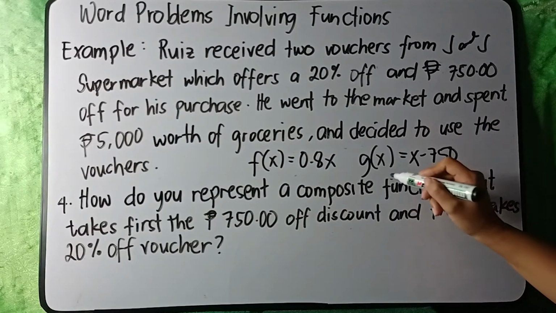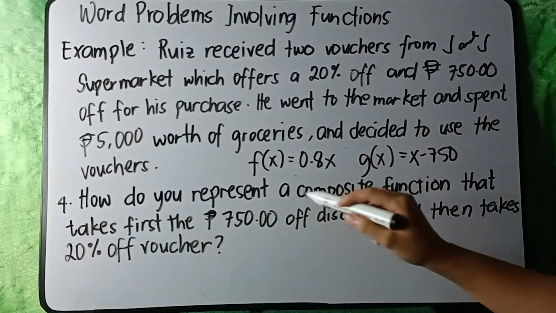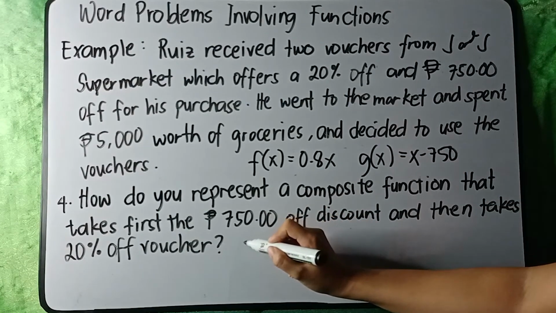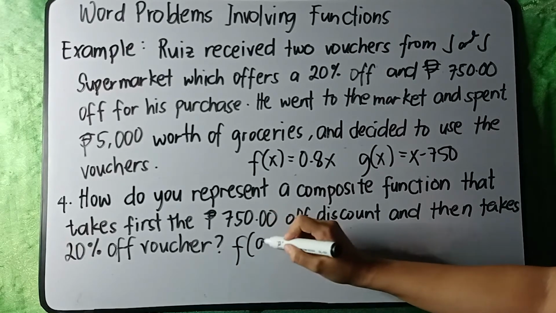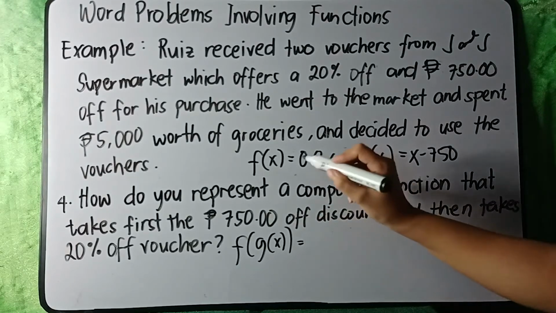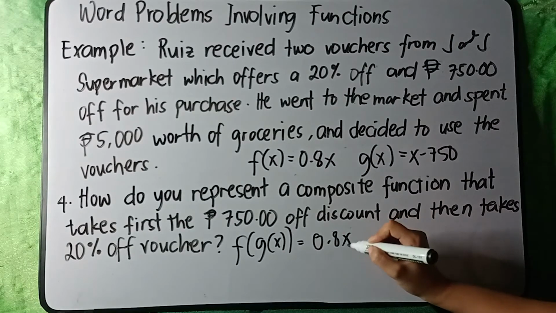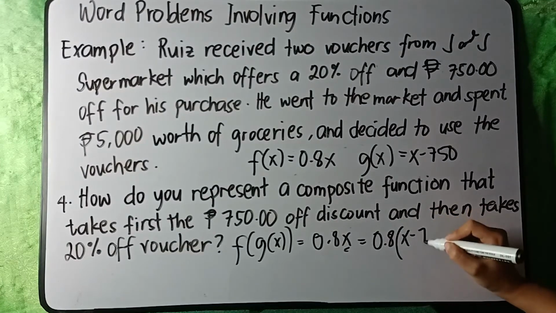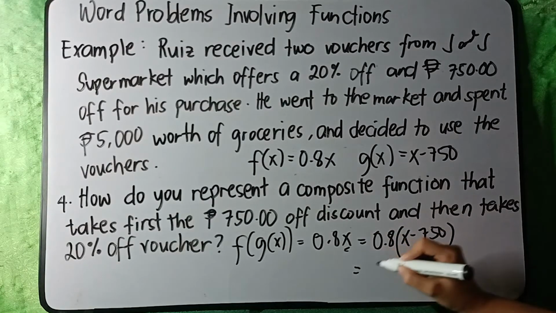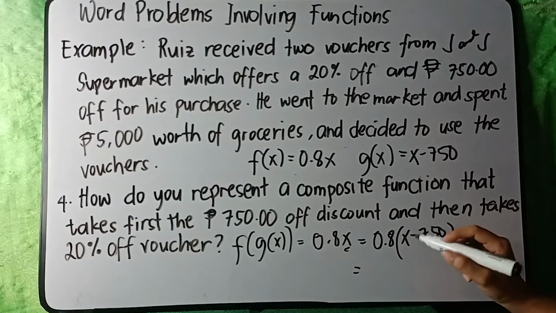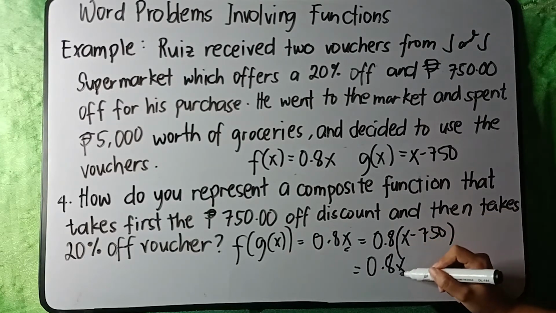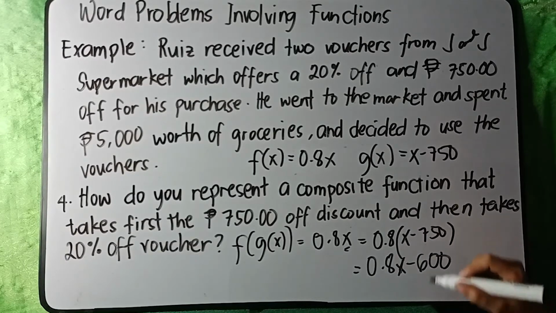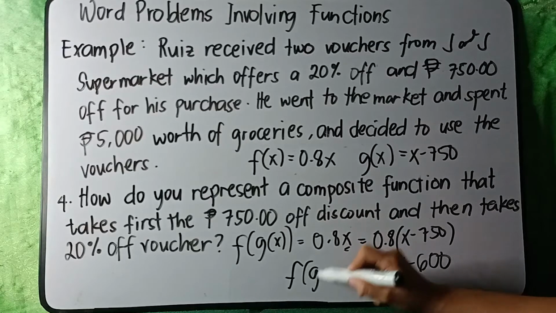So, to get the composite function which takes 750 pesos off first and then the 20% off voucher, we have f of g of x. So, we have f of x, 0.8x. Let's substitute your g of x into the x. We have 0.8 times x minus 750. Simplifying this by distributing 0.8 to x and negative 750, we have 0.8x minus 0.8 times negative 750, we have negative 600. So, this is your f composite of g of x.